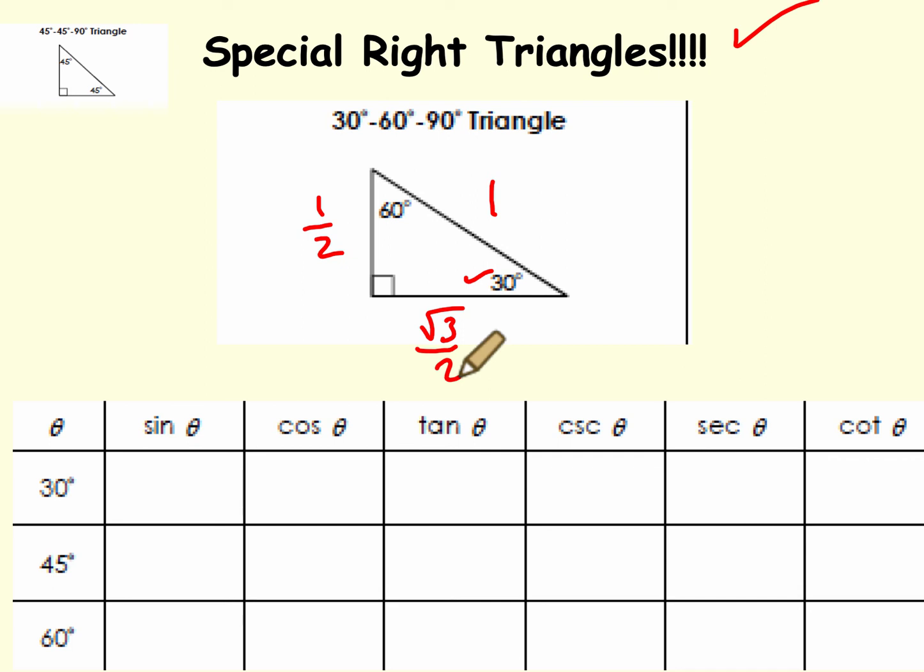Okay, so if we wanted to write the sine, making the denominator 1 makes it a little easier. Opposite over hypotenuse for 30 degrees would be 1/2 over 1. The cosine would be adjacent over hypotenuse, which is square root of 3 over 2 over 1. And then, of course, the tangent is opposite over adjacent.